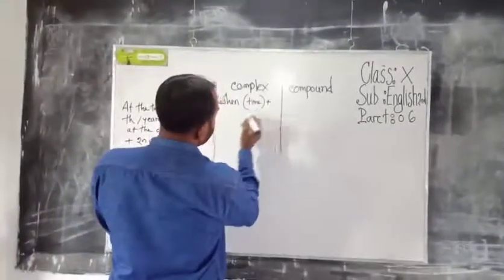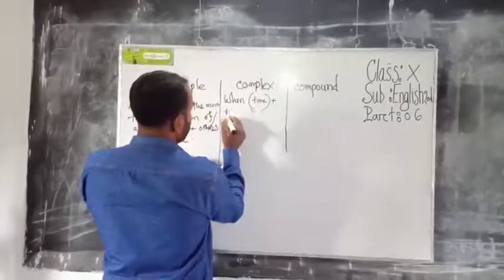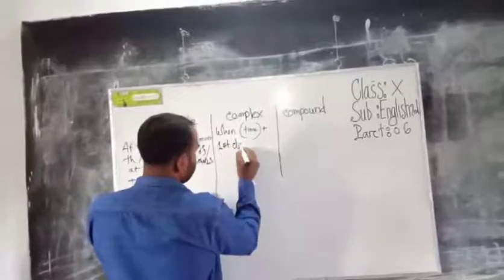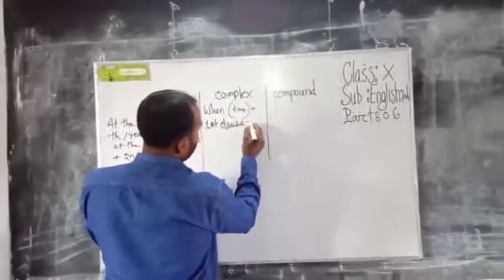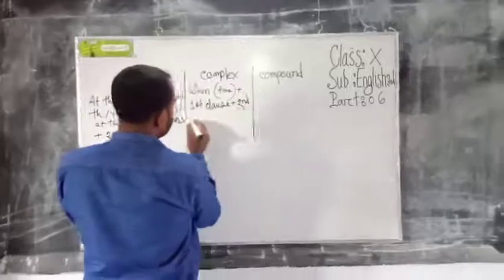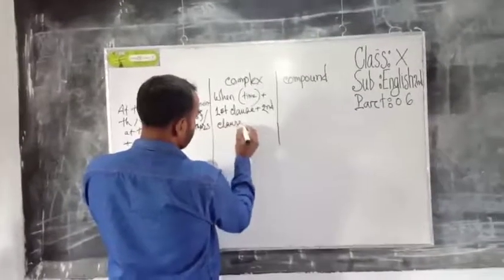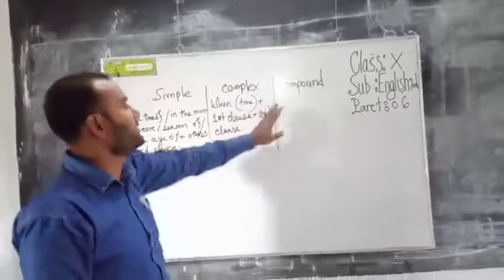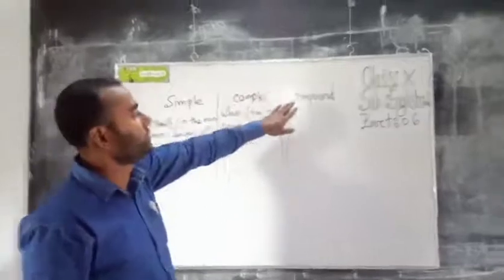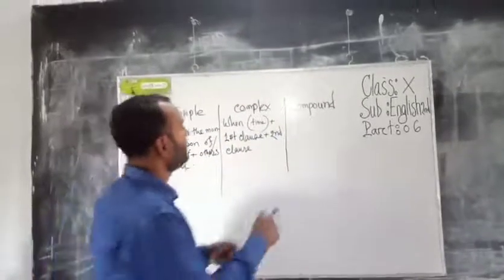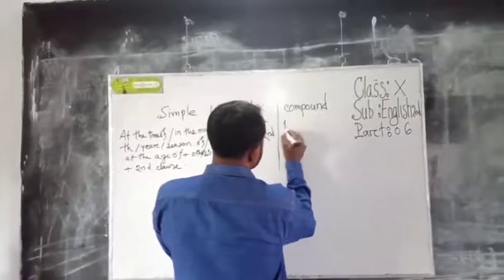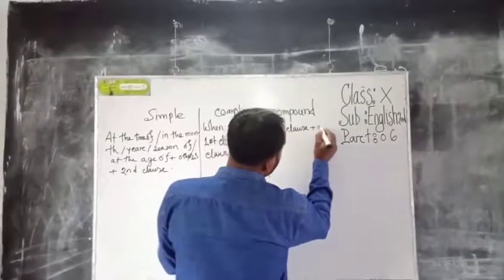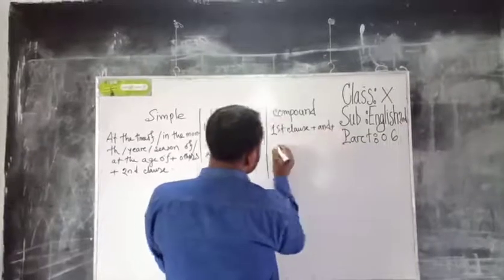So the rule is: when plus first clause plus second clause. Dear learners, if we want to transfer this complex into compound, then we will use first clause plus and plus second clause.